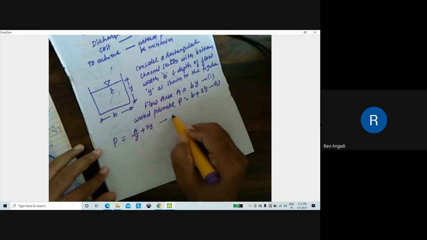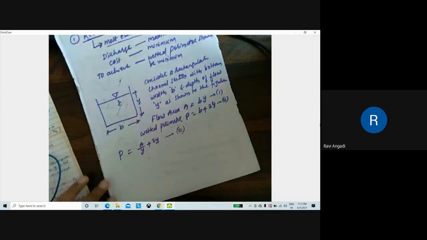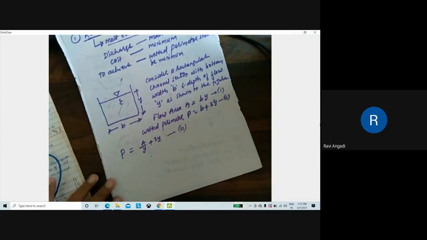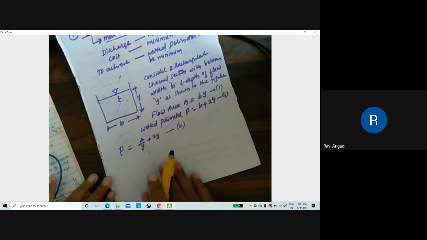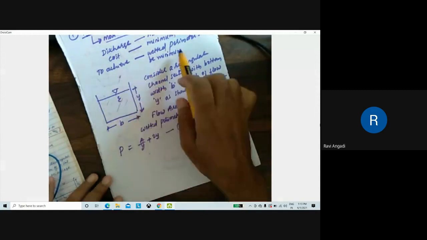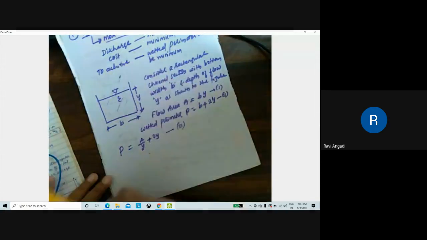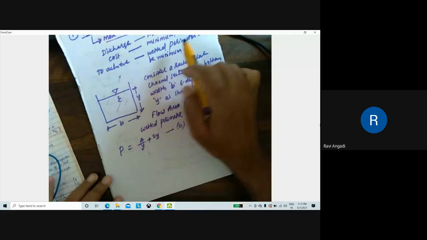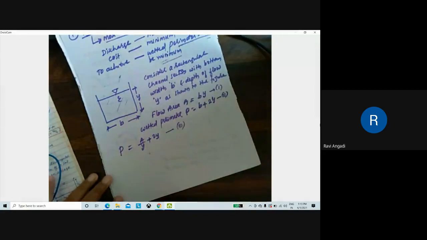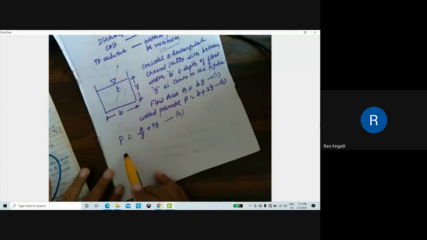Let us call this equation number 3. Why have I converted everything into a perimeter equation? Because our condition is discharge maximum and cost minimum, so the perimeter should be reduced.